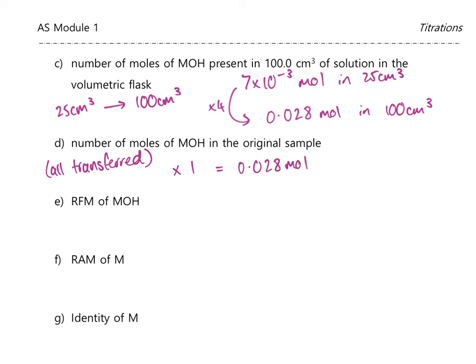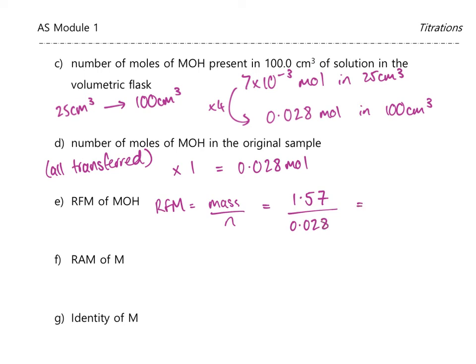Next question asks you to work out the RFM of your metal hydroxide. At this point we're using the equation RFM equals mass over n. The mass is the mass of your original sample, which is 1.57. And remember, we changed that mass at the start of the question. The number of moles is 0.028.